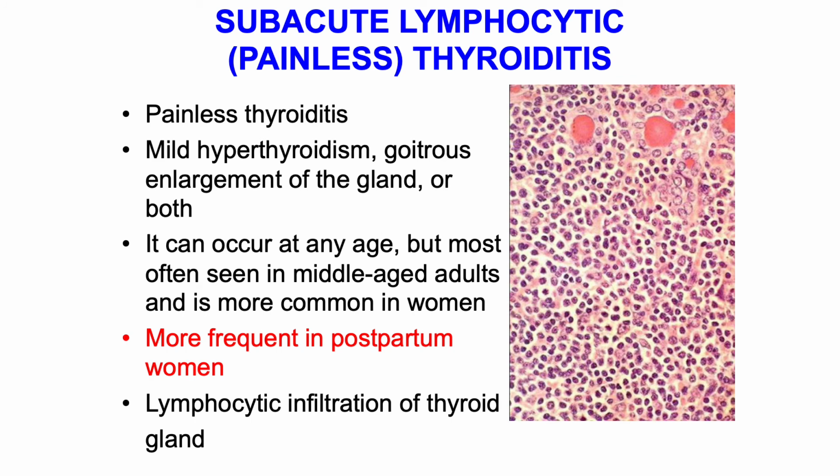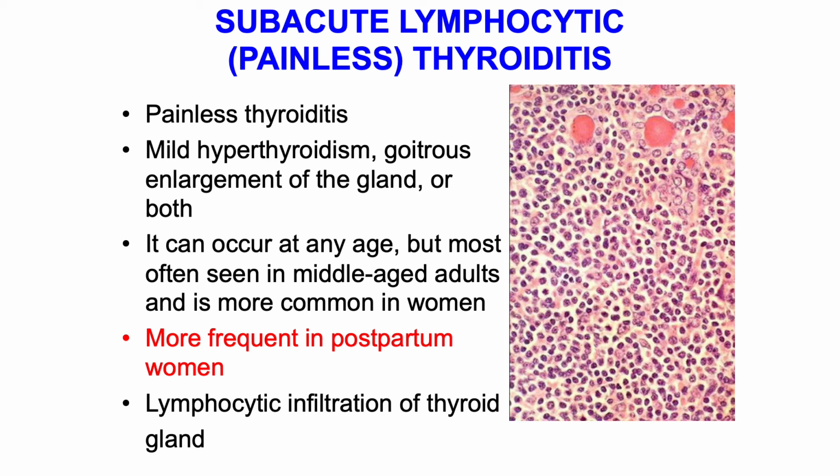The next one is subacute lymphocytic thyroiditis. Here a dense lymphocytic infiltrate is seen, and there is mild hyperthyroidism. There may be goitrous enlargement of the gland as well.